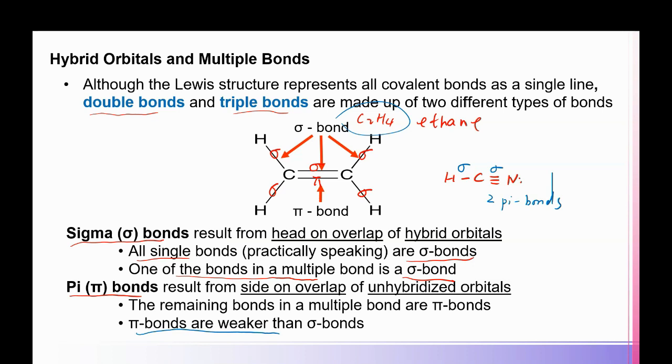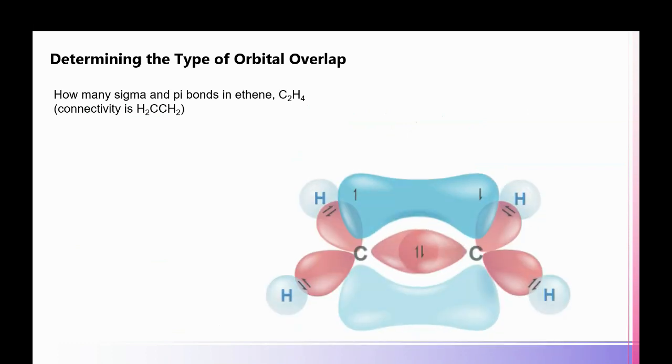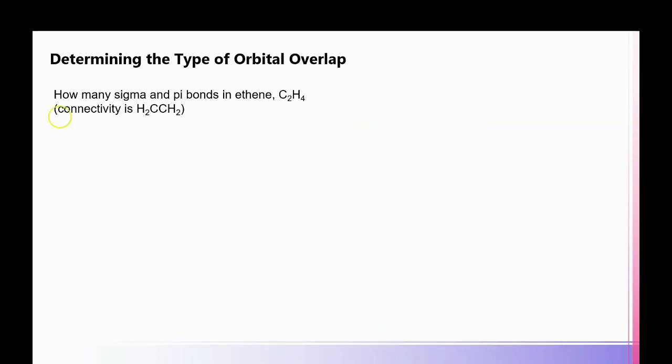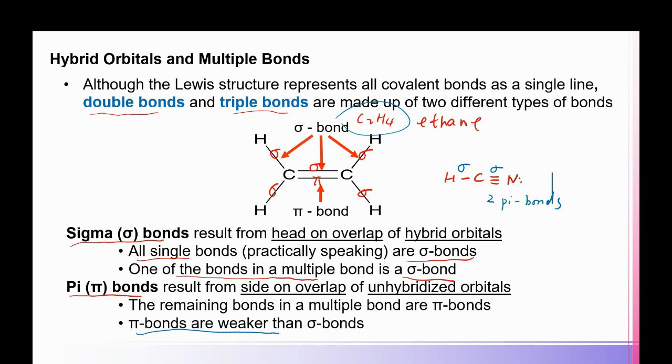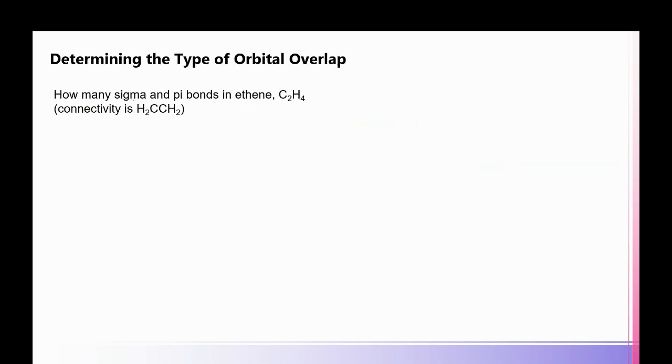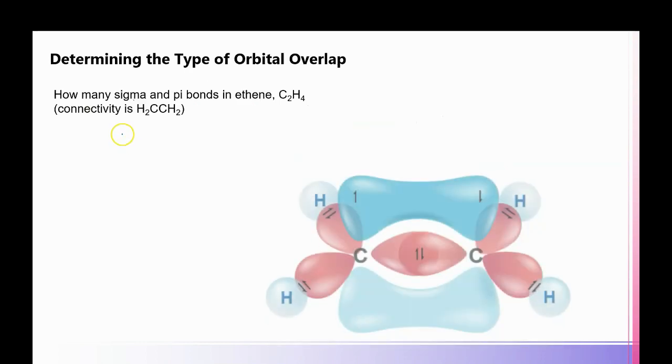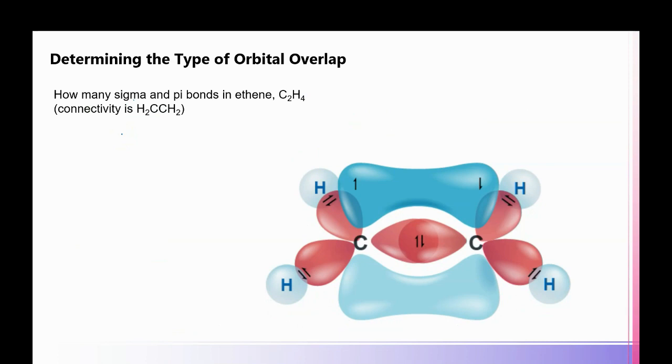But what do the head-on overlap and side-on overlap look like? Here, by the way, this is how the question will look. How many sigma and pi bonds are in this molecule? You firstly have to get this Lewis structure out. Once we have this Lewis structure, we can answer the question.